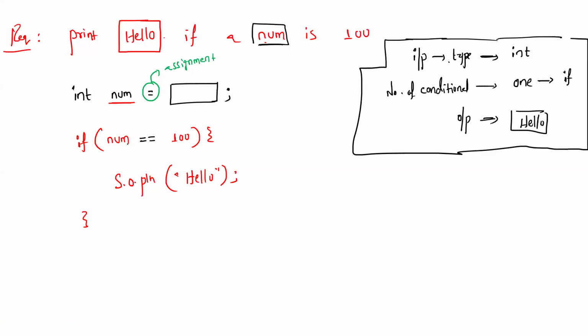That is syntactically wrong. We can have number, space, double equals together, then space, 100, any spaces we can add there. But between these two, we should not add a space. So that's called a comparison operator in any programming language. This is called the comparison operator, which compares the left hand side and right hand side values. Am I clear?